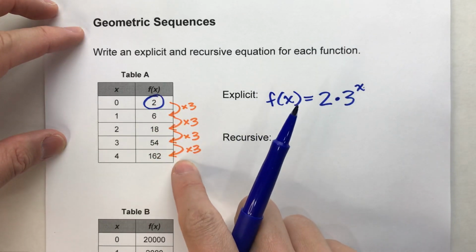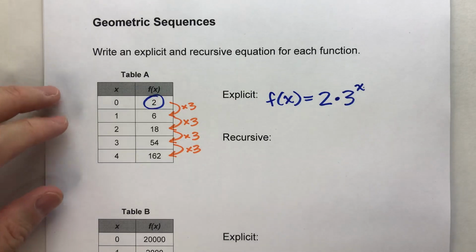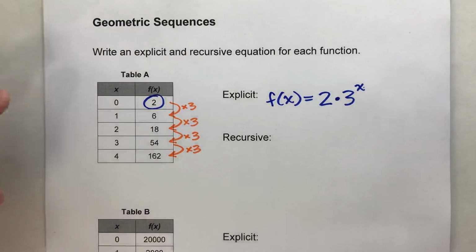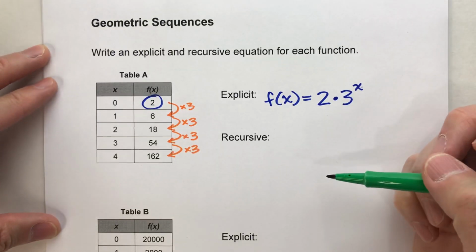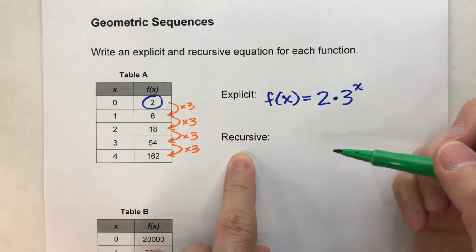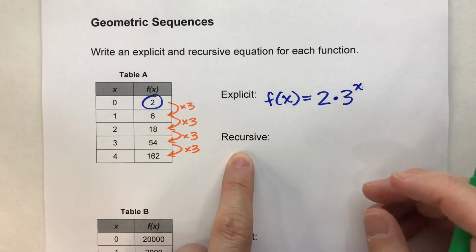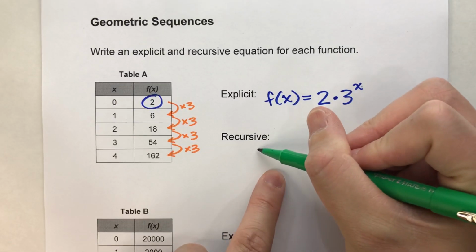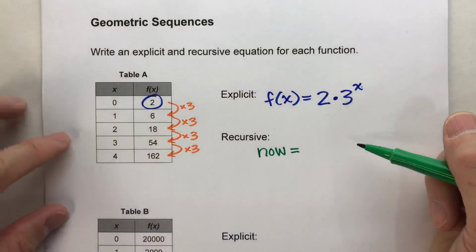Because we're repeatedly multiplying, it's going to have an exponent in there, because exponents represent repeated multiplication. Okay? Now, for the recursive equation, recursive equations represent an equation that's based on knowing the previous value. Okay? So, I'll start my recursive equation by writing now, because we want the current value.